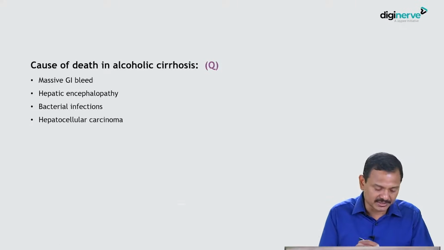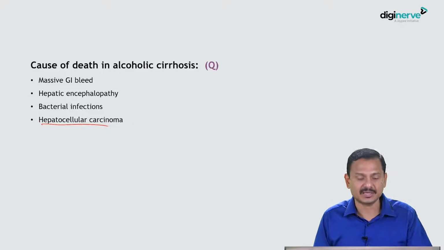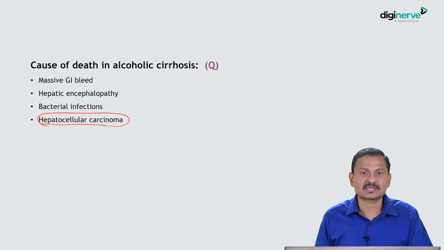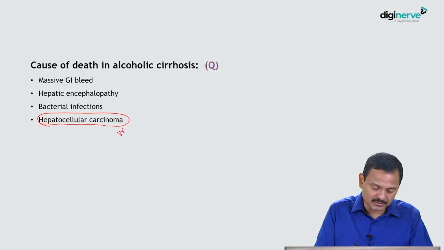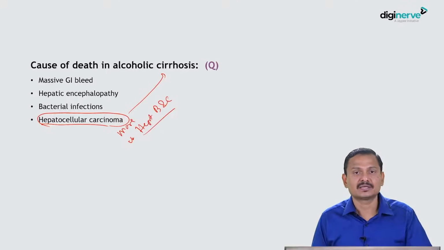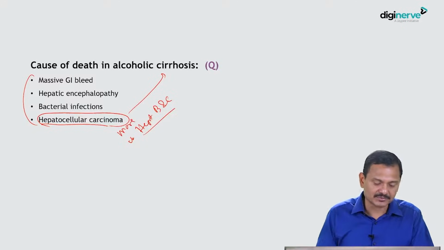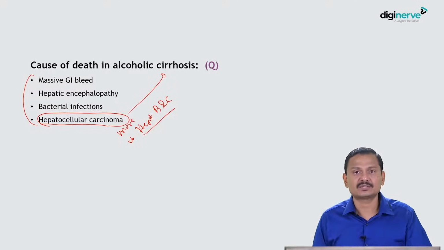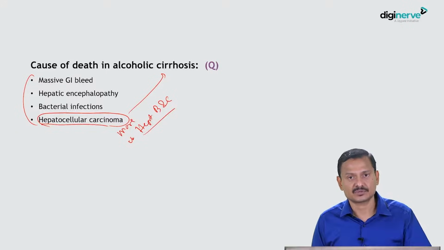The fourth complication is hepatocellular carcinoma, a complication of cirrhosis, and it is more common in hepatitis B and C as compared to alcoholic cirrhosis. So these are some of the common causes that lead to death in cirrhosis.